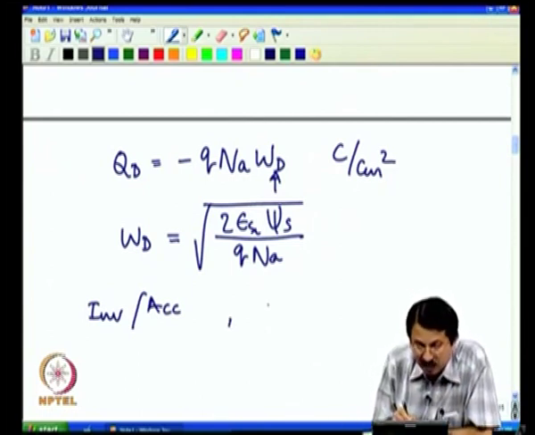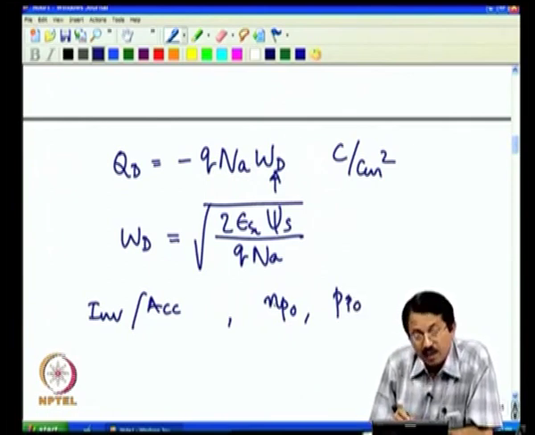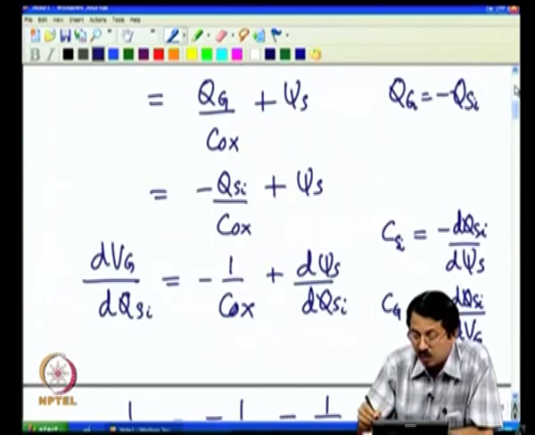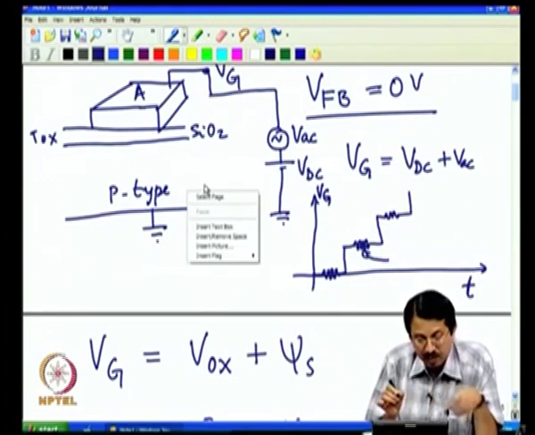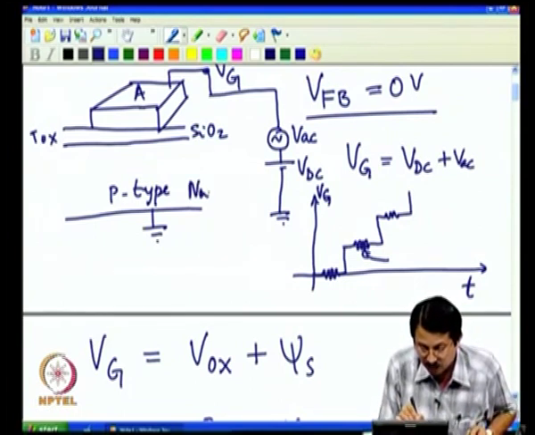My initial concentration of the charge, electron and hole charge, is Np0 and Pp0, which essentially means that this is a p type semiconductor, as I have already told you. The p type semiconductor to begin with may have a doping concentration of 10 power 15, let us say. Na is 10 power 15 per centimeter cube.